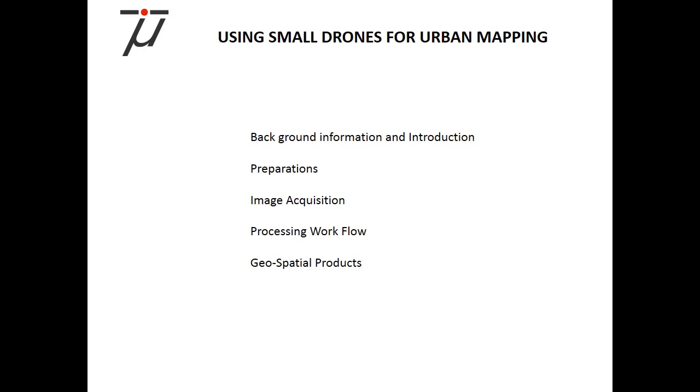I'm going to start with some background information and introduction on this project that we did, what preparations we went through, how we did the image acquisition, the processing workflow I'll go through a little bit, and then show you some of the geospatial products that can come out of an exercise like this.